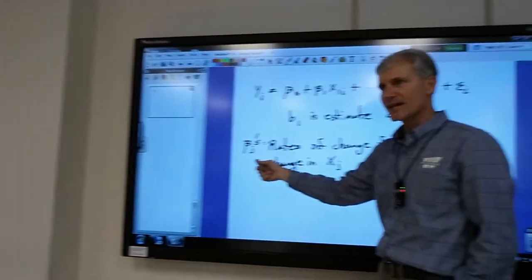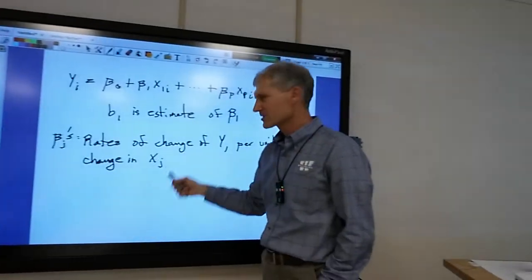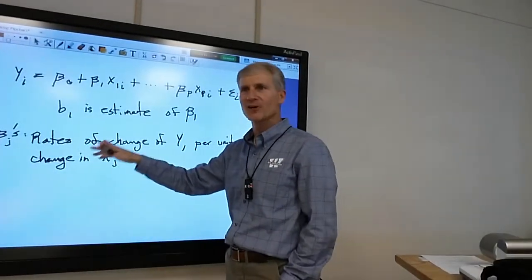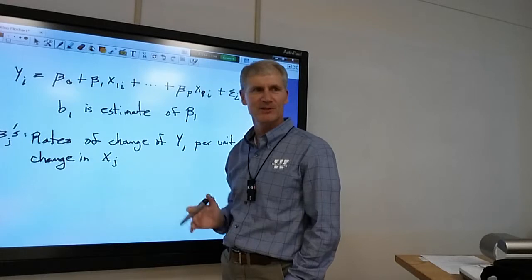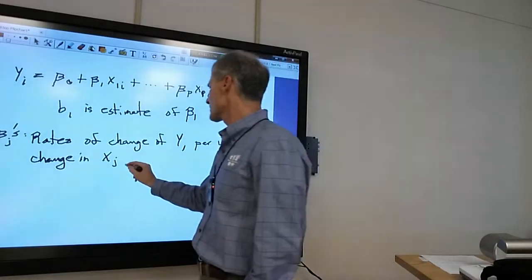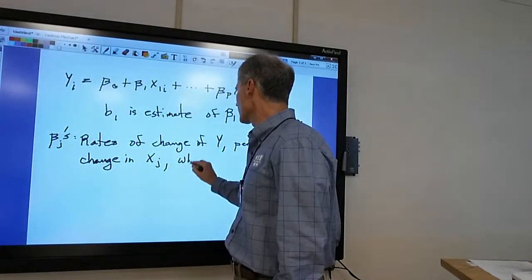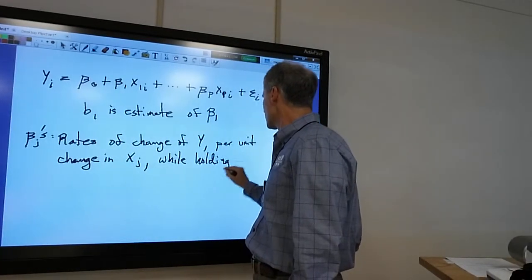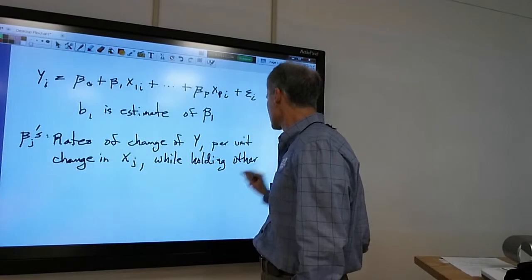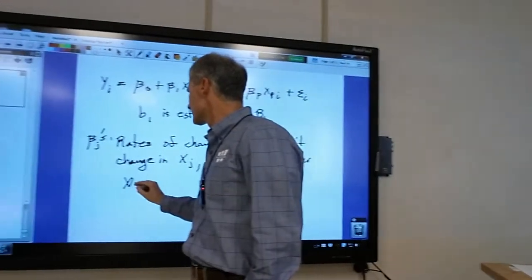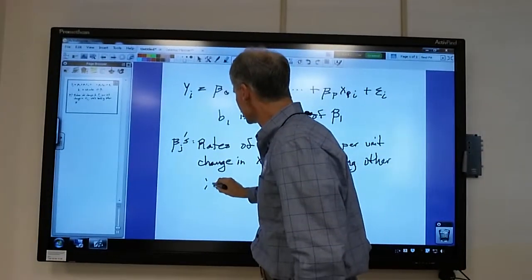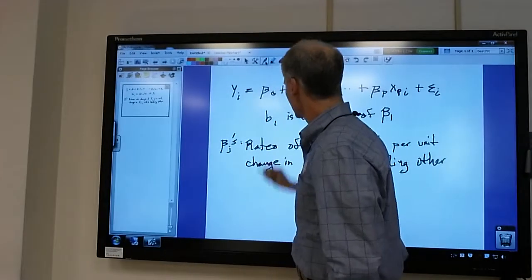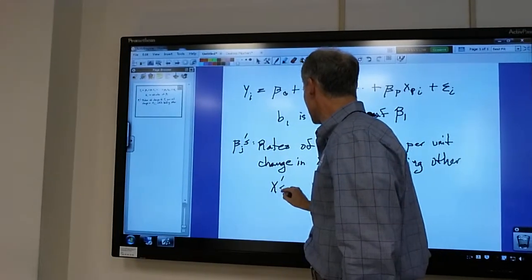So beta j, and then you've got xj. So the same x, the beta that goes with that x. Everybody understand what I'm trying to say here? Change in xj while holding other x's constant.